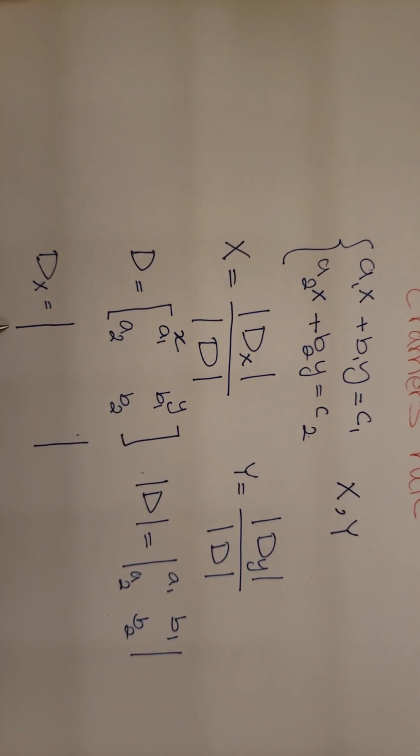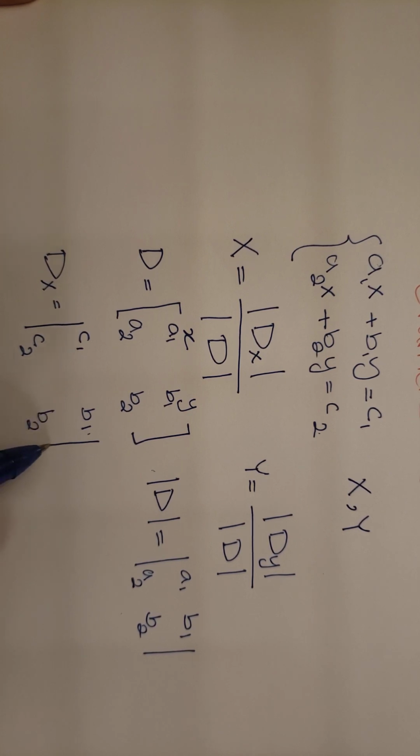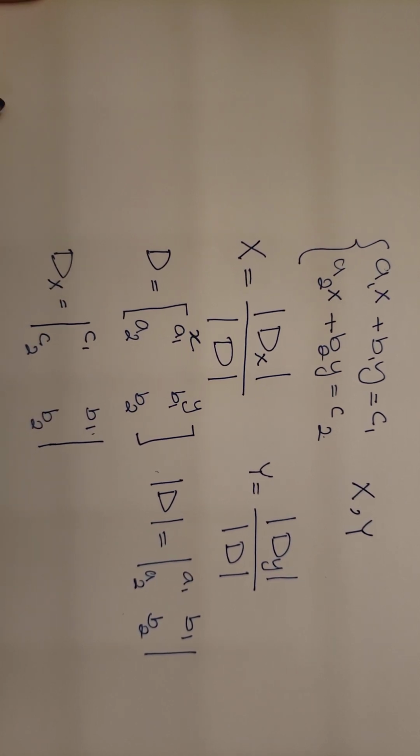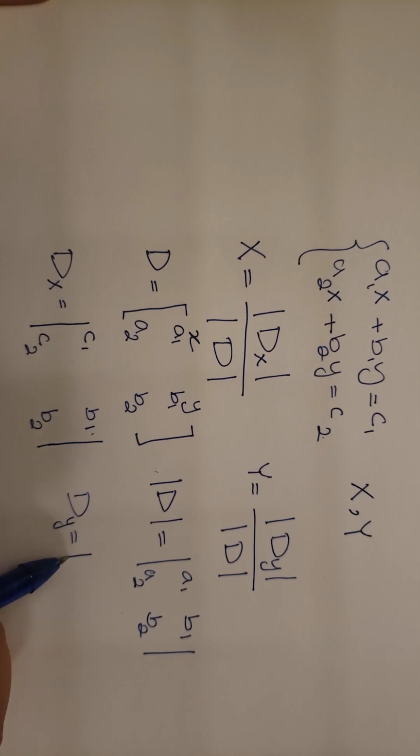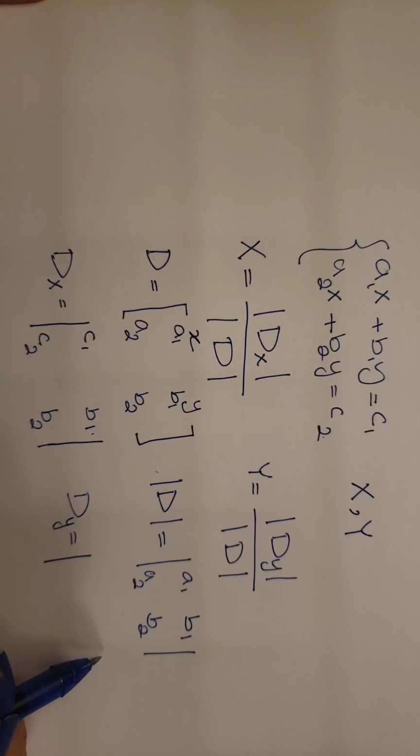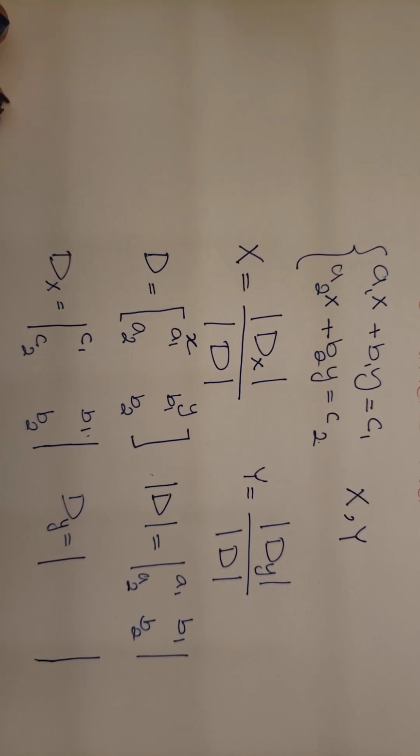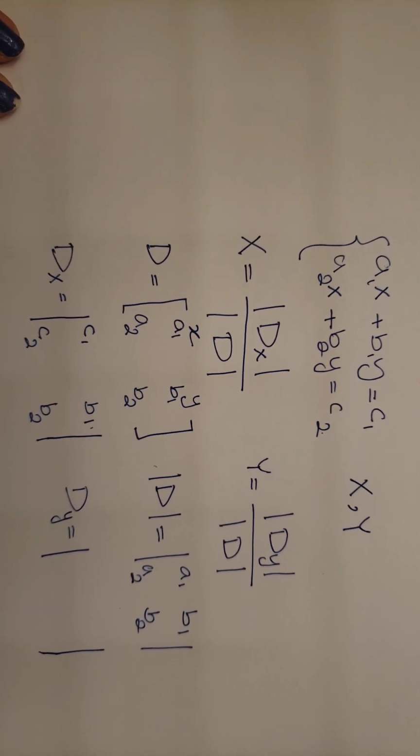So your dx would be the constant matrix, and then it would be b1 and b2, right? Let's do the same and find dy. y is your second variable, right?